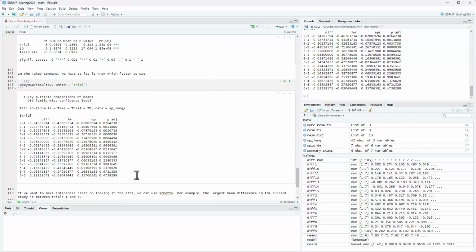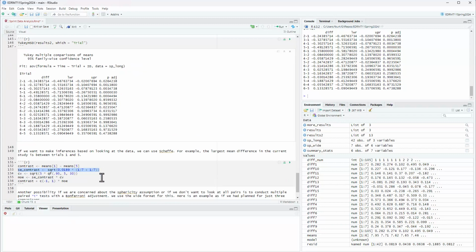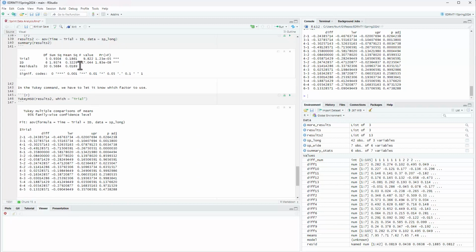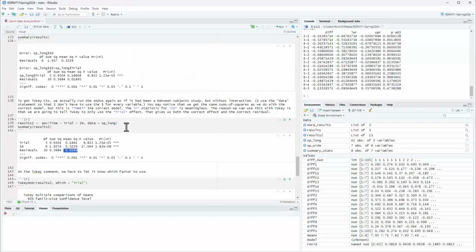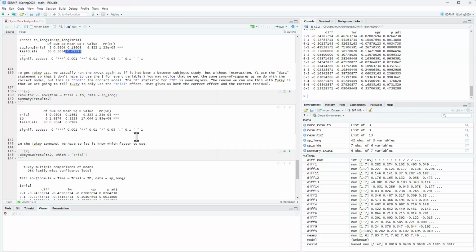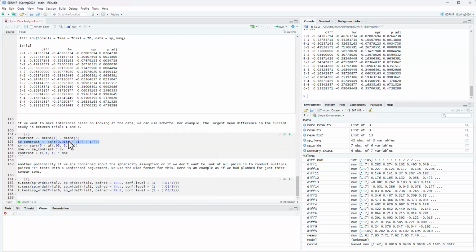I'll briefly remind you that for that standard error, I get the mean square residual from my ANOVA table right there, or going to the real correct ANOVA table right there, same thing, 0.01895. And so I put that in here for my mean square error or mean square residual.